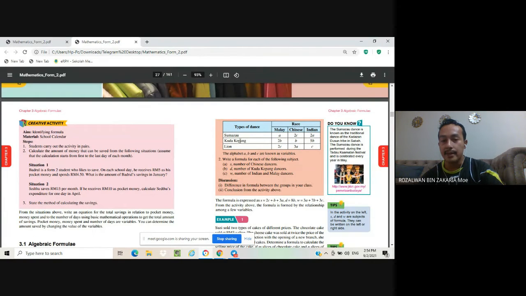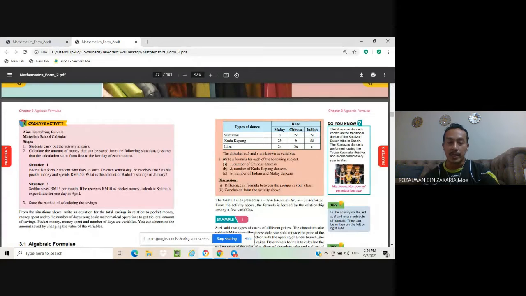And for Indian, Sumazau 2A, Kuda Kepang 5B, and Lion C. These are the variables used to represent the Malay, Chinese, and Indian students that choose the type of dance for Sumazau, Kuda Kepang, and Lions.